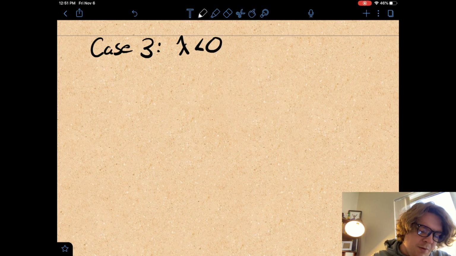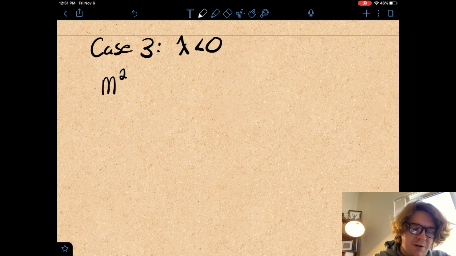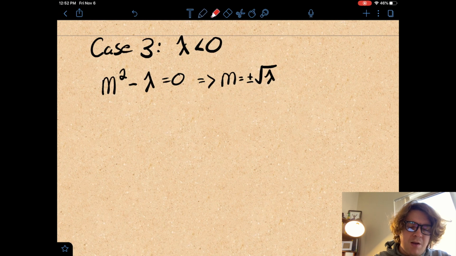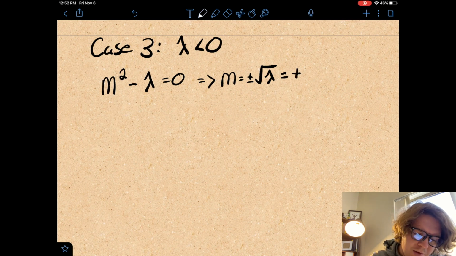This is kind of interesting because the solution to our characteristic equation is going to satisfy m squared minus lambda equals 0. So we're going to end up with m equals plus or minus the square root of lambda. But remember, lambda is less than 0. So now we're taking the square root of a negative quantity. So that's actually going to be a purely imaginary quantity.